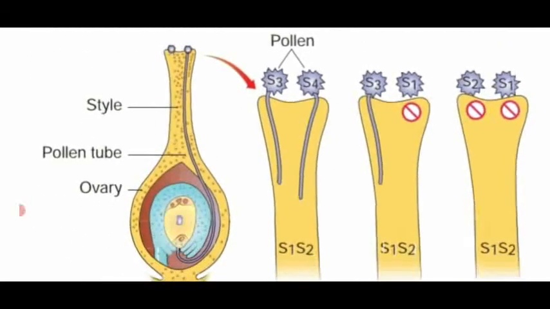Dear students, see the diagram of the Nicotiana tabacum gynoecium and the pollen germination and fertilization process. The first one is the gynoecium: ovary, style and stigma. When the pollen of the same flower falls on the stigma of the same plant, one pollen does not show any germination.